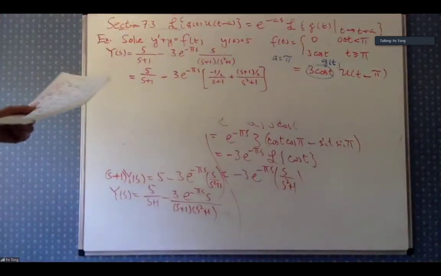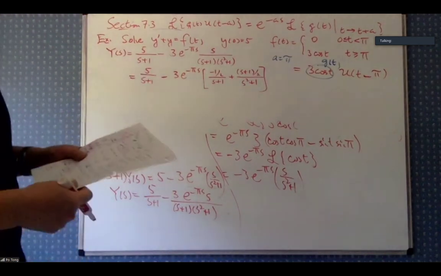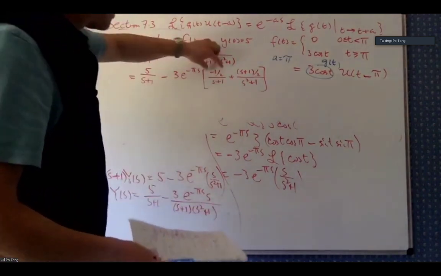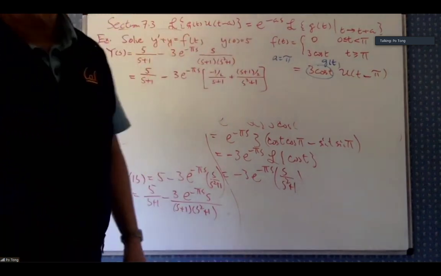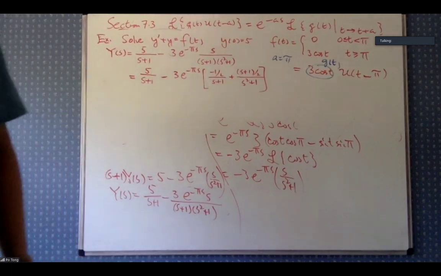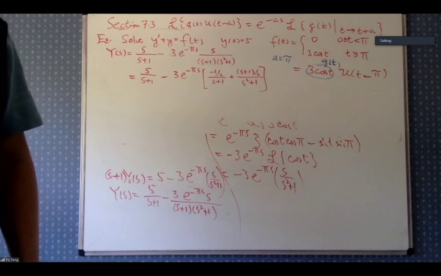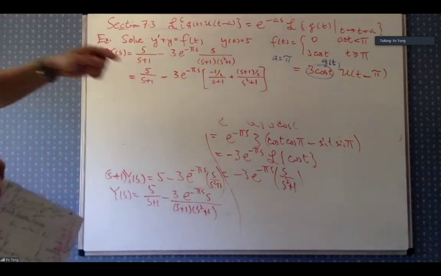Actually, it's this. If you actually go through, this is A, and then Bs plus C, you actually end up with this. Okay? I am going to skip the actual partial fraction part.